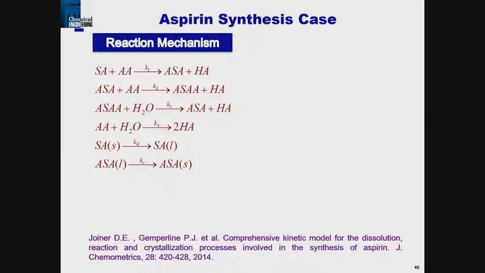And then, of course, over here you have two things that are not really reactions. You're going to take the salicylic acid as a solid and dissolve it into the liquid, and once you create the aspirin, the ASA, acetyl salicylic acid, that has to be crystallized as a solid or precipitated. So that's basically the idea.